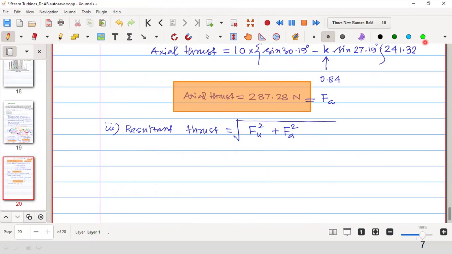So F resultant is equal to the square root of 388.89 square plus 287.28 square newtons.